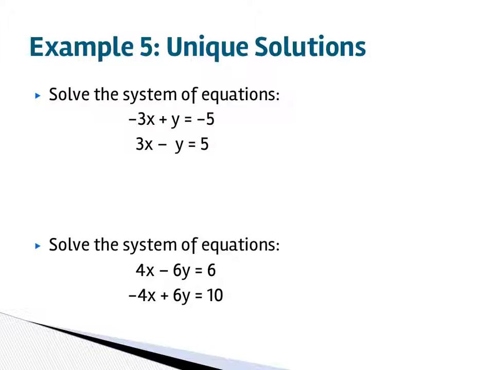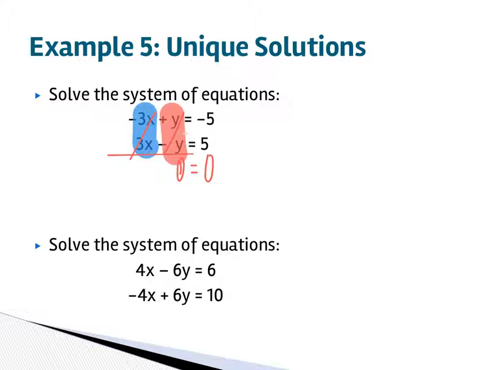Sometimes you have these things called unique solutions. That's when it is either no solution or infinitely many. So if you will look at that first equation, we have opposites here and then a different set of opposites here. If we add those two together, we're actually going to have two variables cancel and we get 0 equals 0, because negative 5 plus 5 also equals 0.